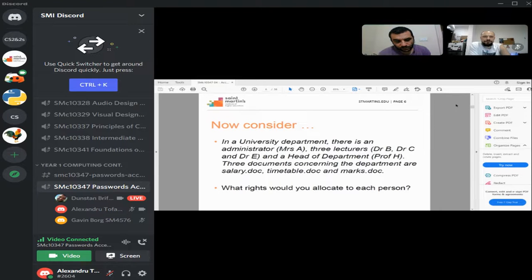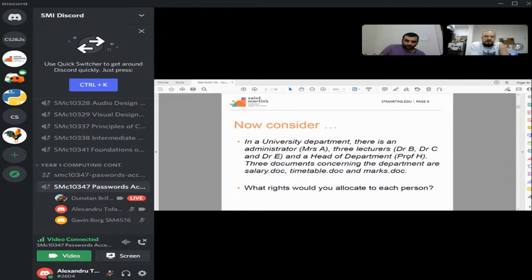Here I've got a small scenario. You can read through the scenario. We've got a university department. We have an administrator, Mrs. A. The administrator is a sort of faculty officer, someone taking care of the faculty in terms of administration.